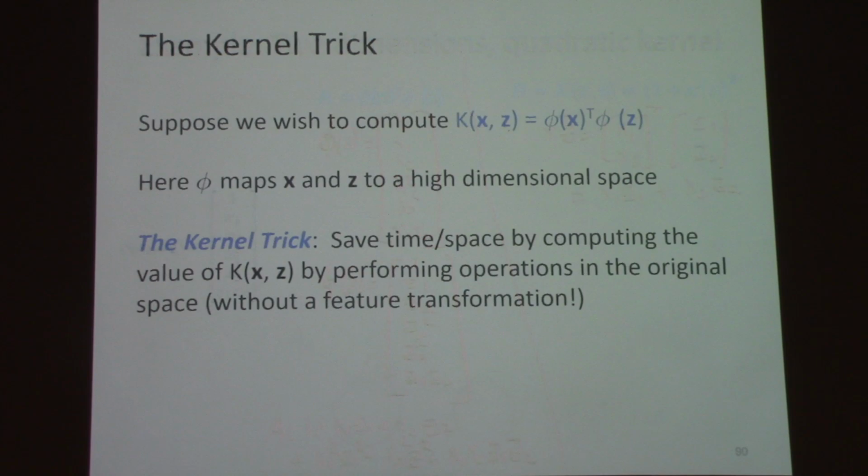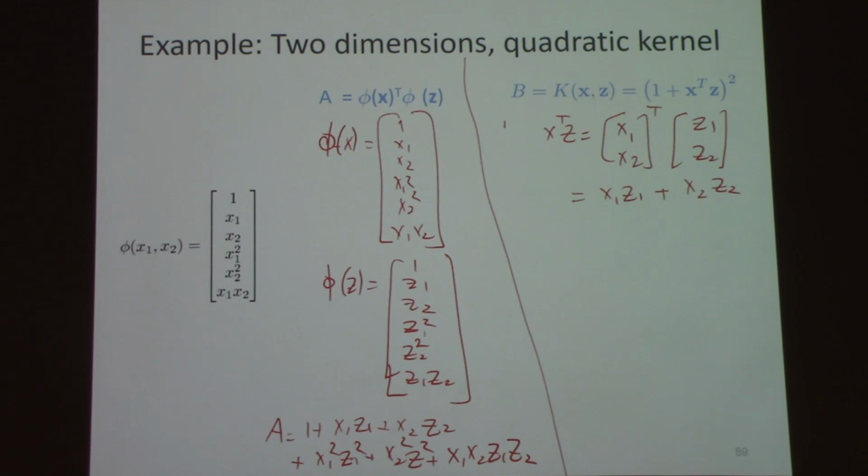Now 1 plus this is 1 plus x1 z1 plus x2 z2, right? What's the square of this? So 1 plus x transpose z squared is, I'm going to just write out the square, you can confirm it later if you want, it's 1 plus all the degree terms. I'm going to expand the square of this, it's x1 z1 squared plus x2 z2 squared plus the cross terms.